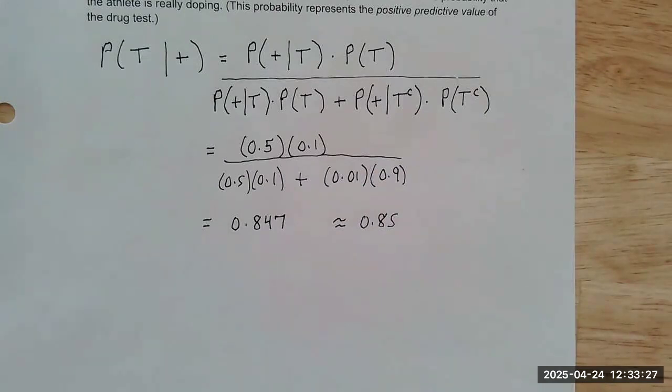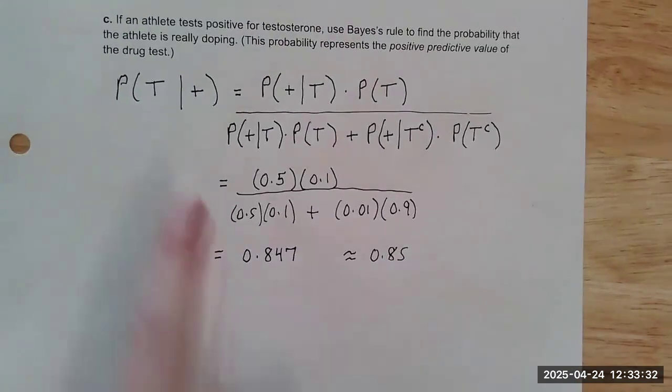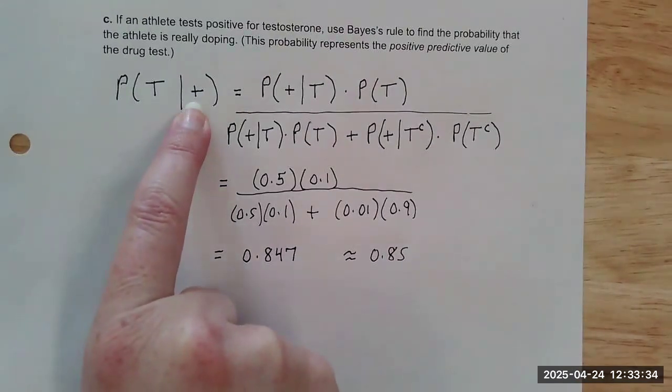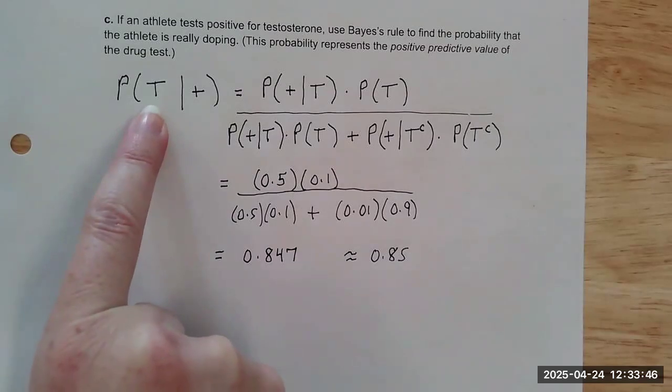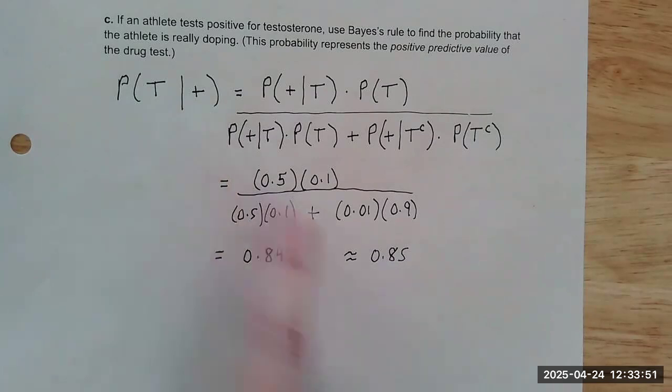So what does that mean? It says, given that we know that the athlete tested positive, so you've got a group of athletes in the room, you've called them all in because they tested positive, so they're all in trouble. The probability that they actually did the bad thing, given that they tested positive, is only 85%.